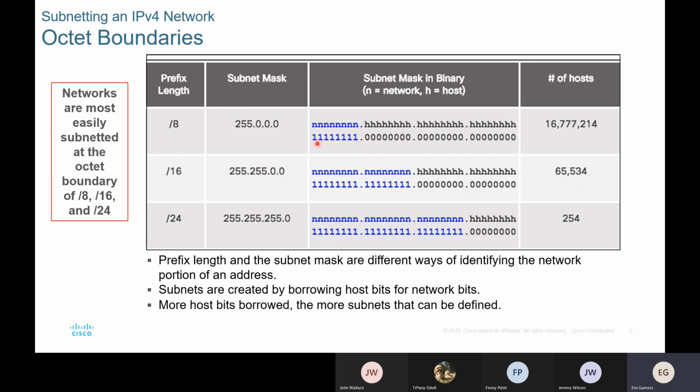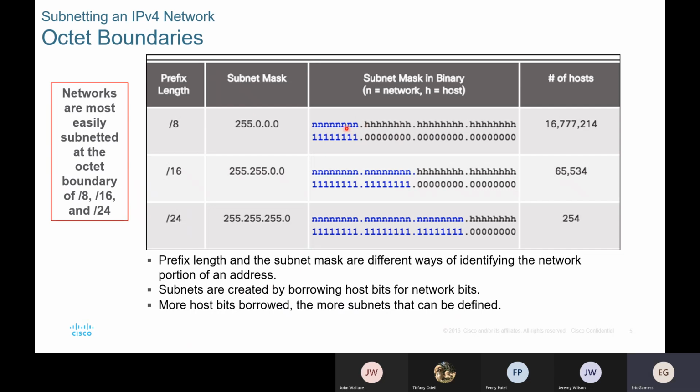In the net mask, when we have a 1, it indicates that the corresponding bit in the IP address is a network bit. So, for example, you can borrow some of those bits on the host part and convert them from an H to an N, which means from a host bit to a network bit.